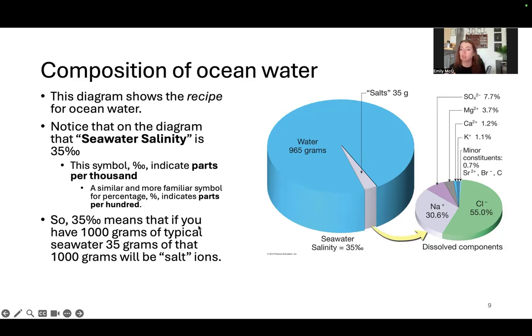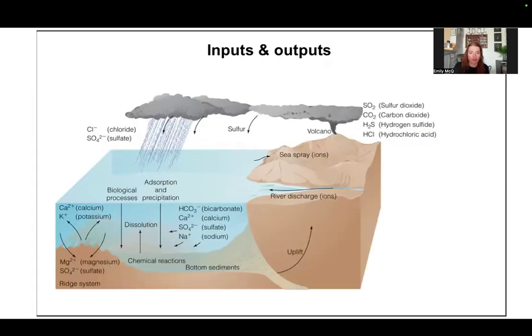And salts are these ions, these charged particles over here. Now, the salts that make up the most part of this salinity are sodium and chlorine. Sodium has a weird element symbol, it's Na, and chlorine is Cl. We also have sulfate, magnesium, calcium, potassium. We have strontium, bromine, carbon. So where do these ions come from?